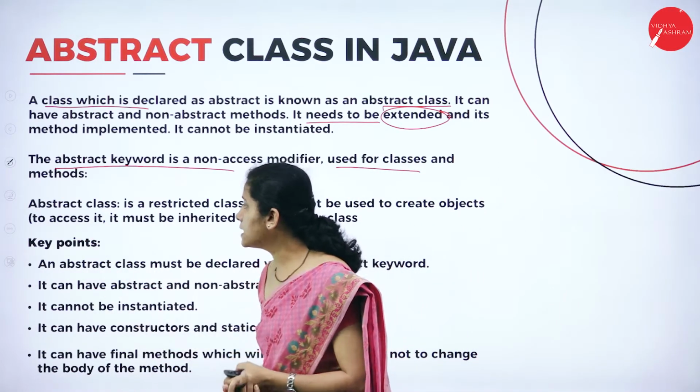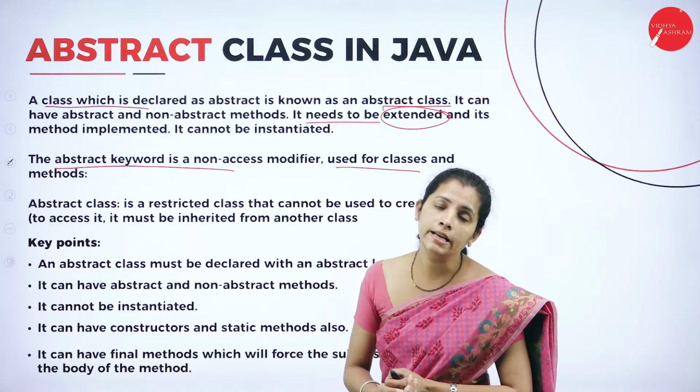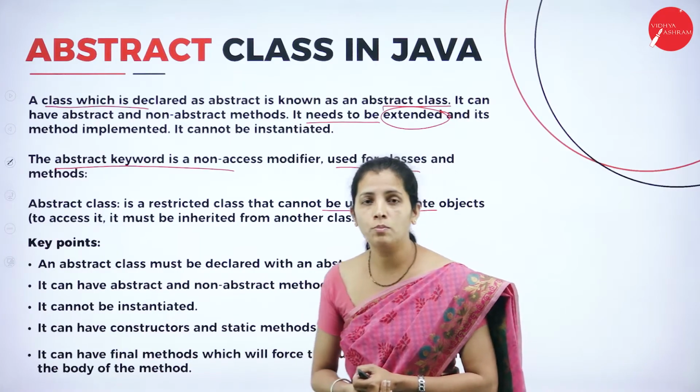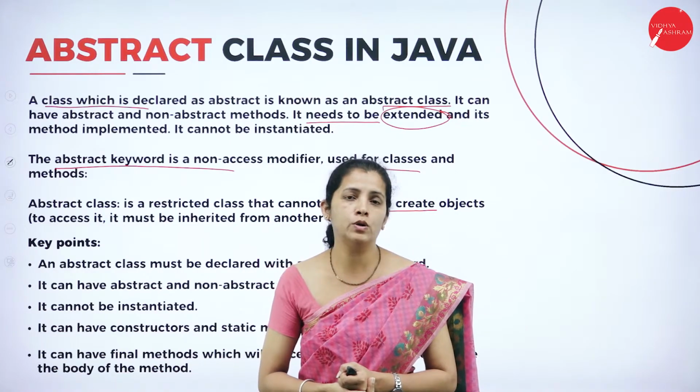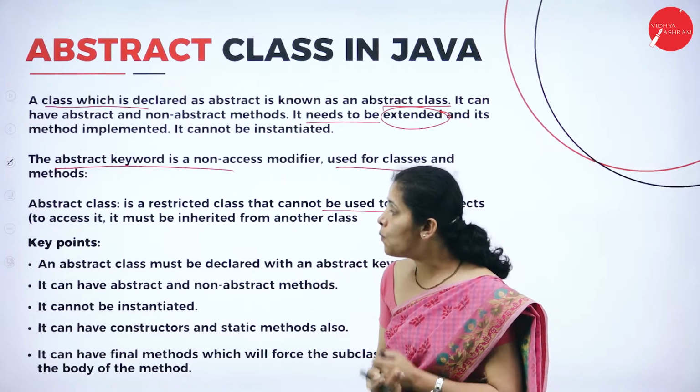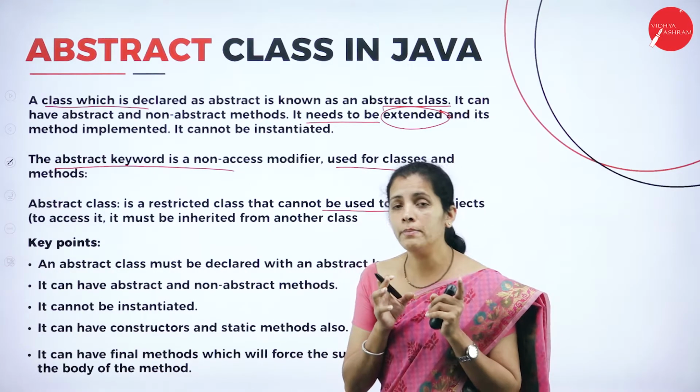Now, an abstract class is a restricted class and cannot be used to create an object. That means I cannot create an object for an abstract class.